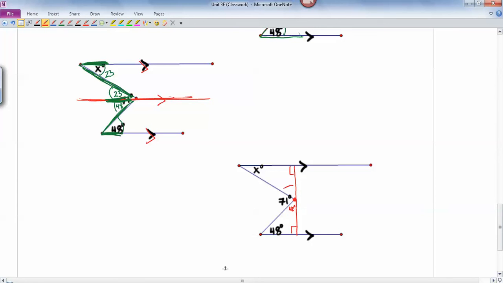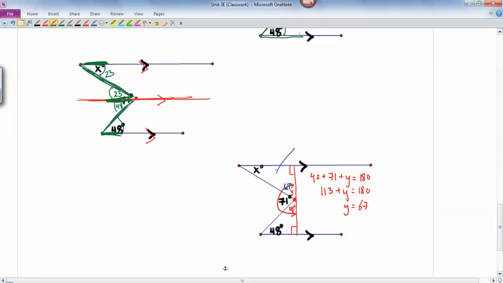And then we've got that these three angles add up to 180. I'll call this y for now. So if I do 42 plus 71 plus y equals 180, then I'll get 113 plus y equals 180. So y ends up being 67. So now I know y is 67 degrees.